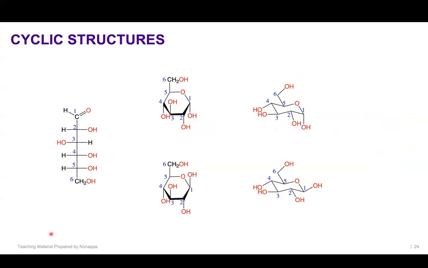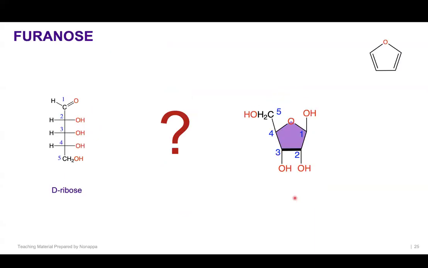So now here are the structures. As I said, the hydroxyl group, this is the alpha glucopyranoside, this is the beta glucopyranoside. The hydroxyl group is at the equatorial position. Now, many of you have seen this 5-member-like structure. So if I take, instead of a 6-carbon containing sugar, simply a 5-carbon containing sugar, this is a ribose.